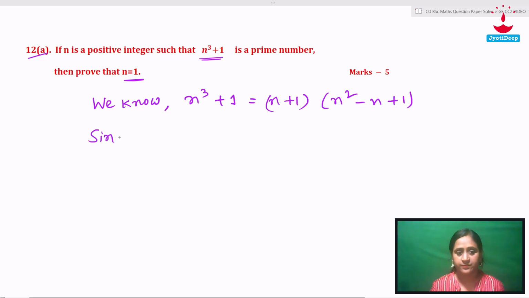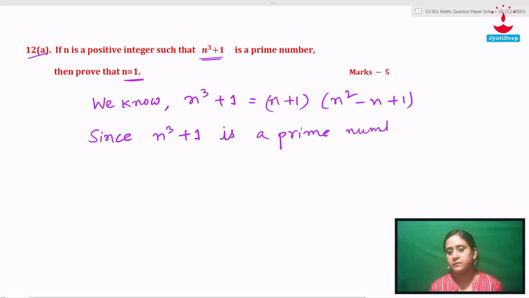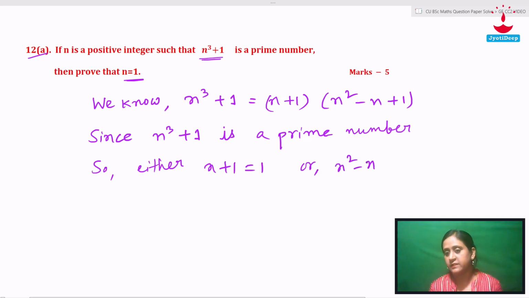Since n cube plus 1 is a prime number, so either n plus 1 is equal to 1 or n square minus n plus 1 is equal to 1.